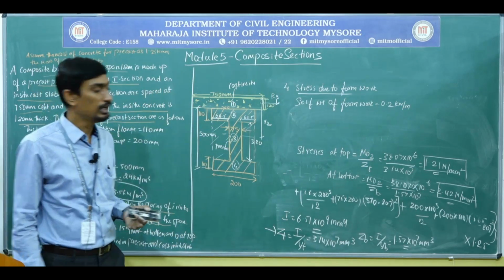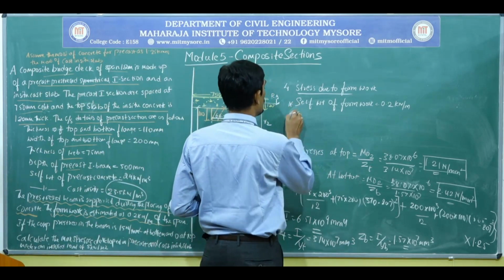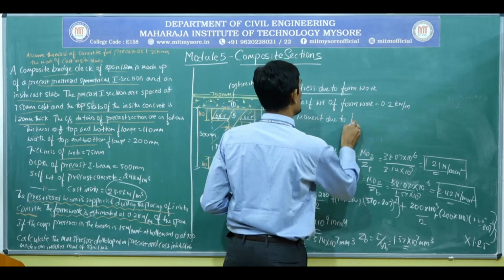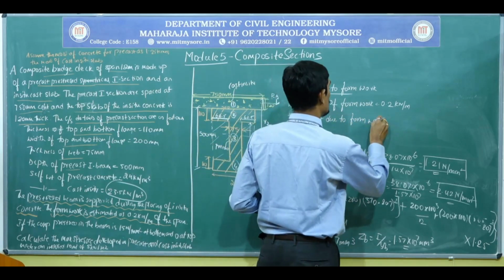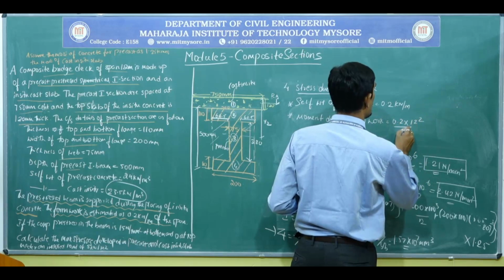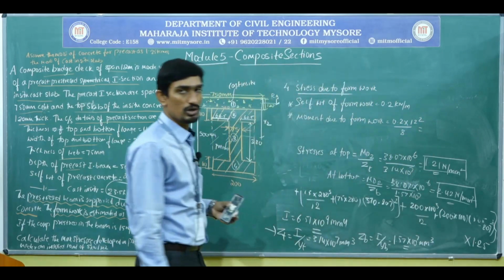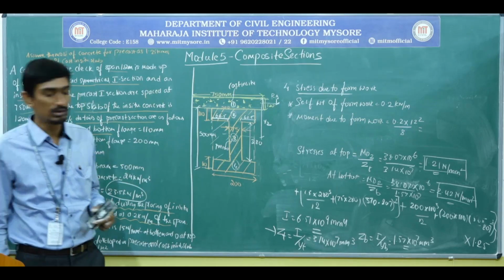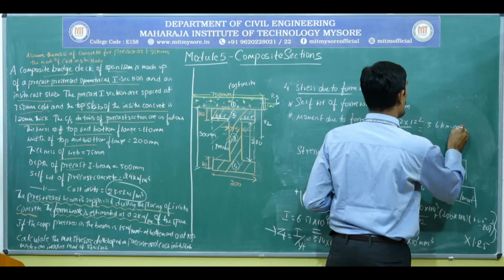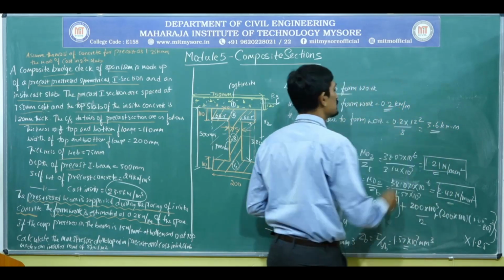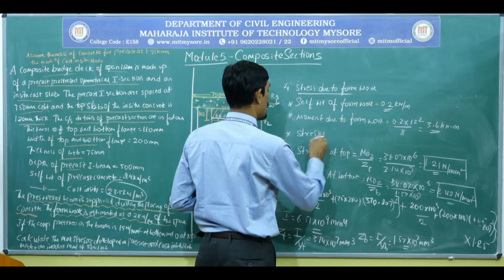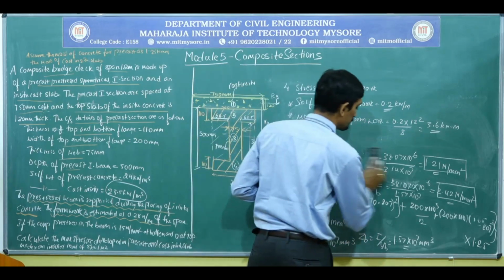Hence moment due to formwork is equal to 0.2 into 12 square divided by 8, which is 3.6 kilonewton meter. So for this, let me calculate the stresses.